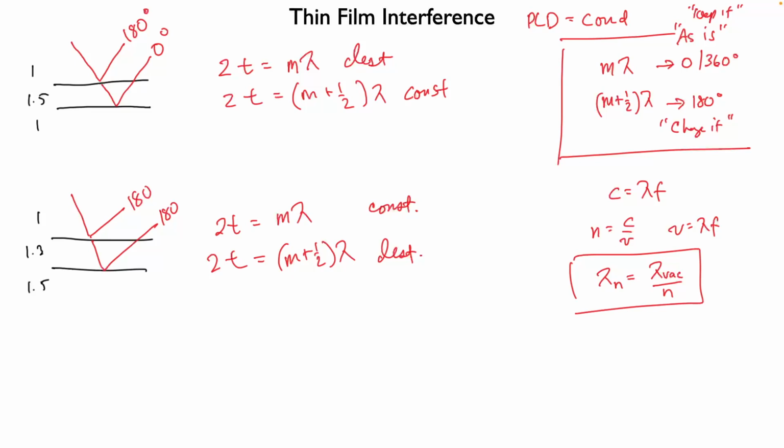Now, why am I talking about this? The path length difference, the extra distance the second wave travels through the film, needs to be a multiple of the wavelength as it is in the film, in whatever material it's traveling in. So if it strikes with 600 nanometer wavelength, that wavelength is going to change. In fact, it is going to be lower in the film than it would otherwise.